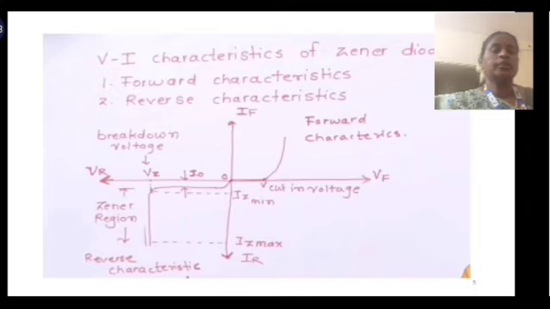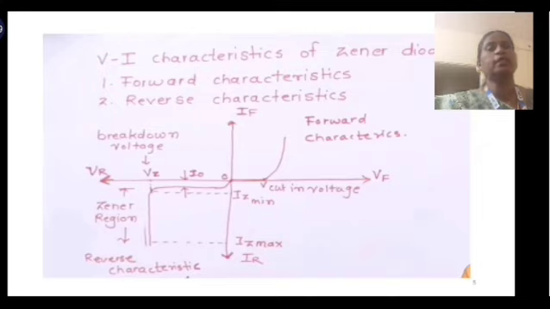But here, from 0 to VZ, reverse leakage current is there. After the breakdown voltage, the current starts increasing, but the voltage remains the same. That means whatever the input voltage may be, the reverse breakdown voltage of that particular diode will always be the same after the breakdown voltage.